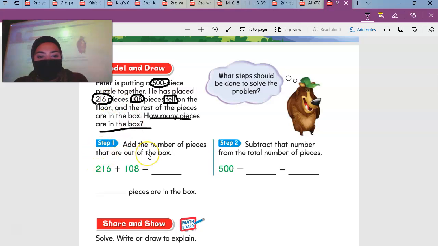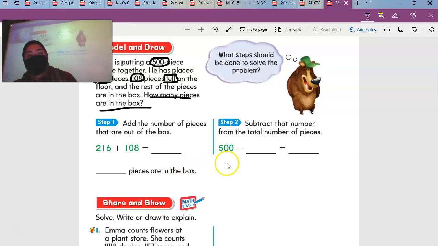So let's see. Add the numbers of pieces that are out of the box first. So 216 plus 108 is what we have to do first, and then we have to subtract that number from how many there are together. So 216 plus 108.